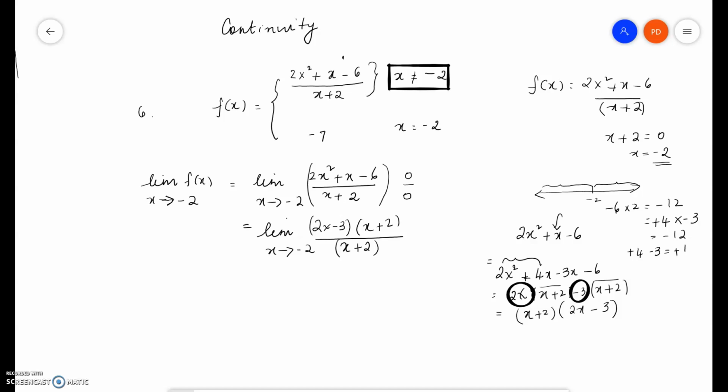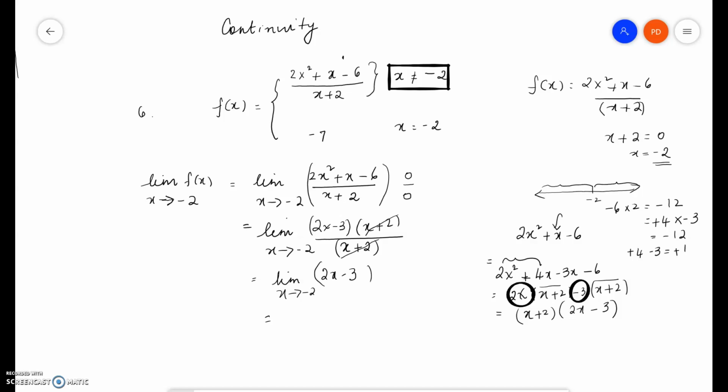And we have x plus 2 again in the denominator. So the factor that was causing the 0 in the numerator cancels with the factor that was causing the 0 in the denominator. We're allowed to cancel the x plus 2 because x approaches negative 2 but is not equal to negative 2. So now that we have canceled the factor that's causing the 0 in the numerator and the 0 in the denominator, we're left with 2x minus 3.